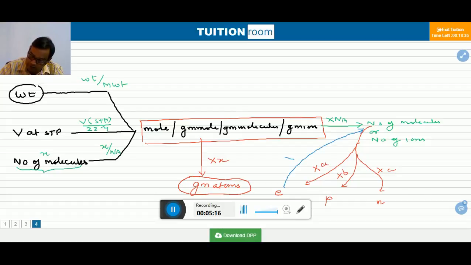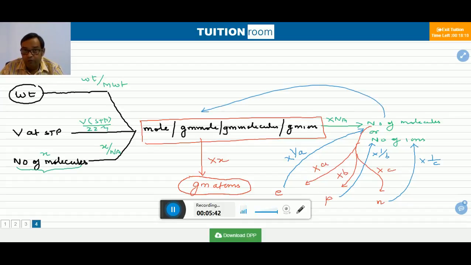Then take the reverse operator, multiply by 1 by A. This is into 1 upon B. If neutrons are given, multiply by 1 by C. Now number of molecules to mole: if you are moving in the forward direction, multiply by Avogadro number. For the reverse direction, multiply by 1 by Na.